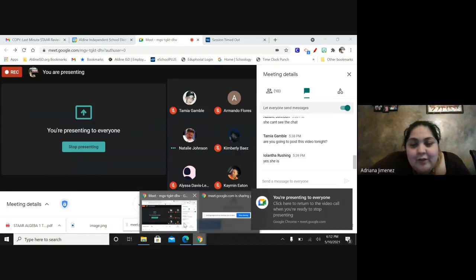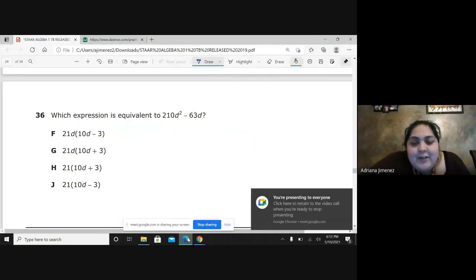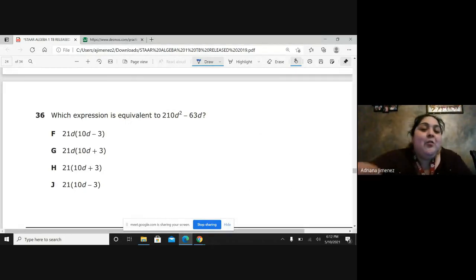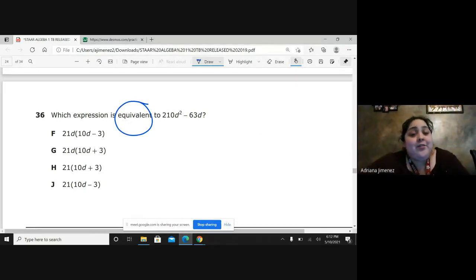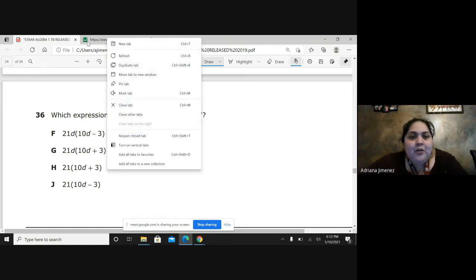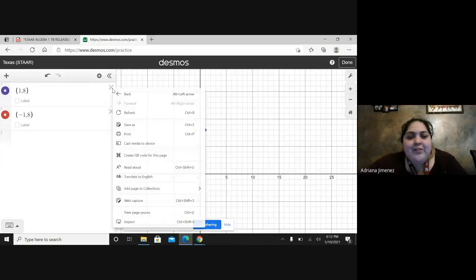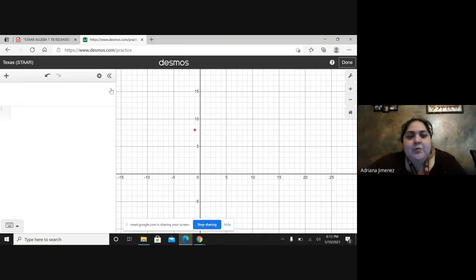Okay, so we're going to go back over. All right, so right here, which expression is equivalent? Again, equivalent means that you guys are looking for the match. Remember, you can graph these into decimals, but you have to use the letter X. So we're going to graph the question, and then we're going to graph one answer choice at a time, and we're going to figure out which one matches.